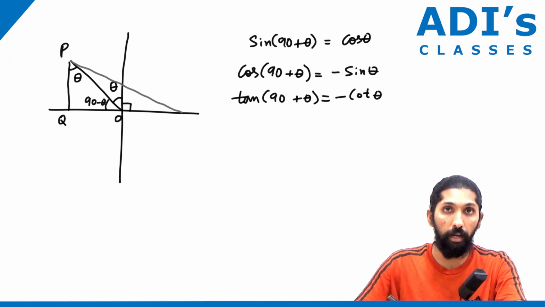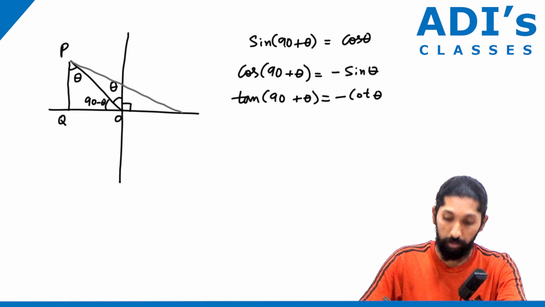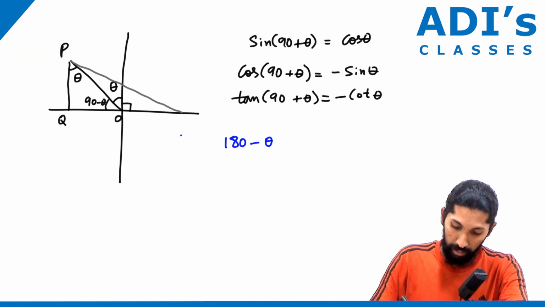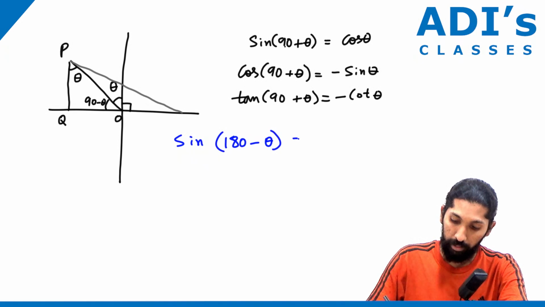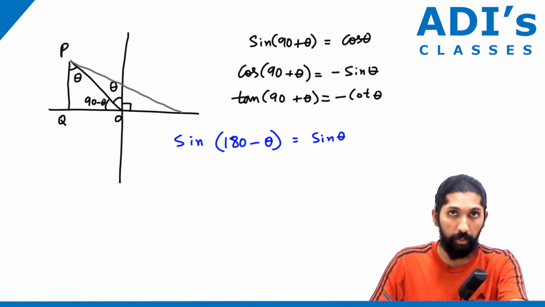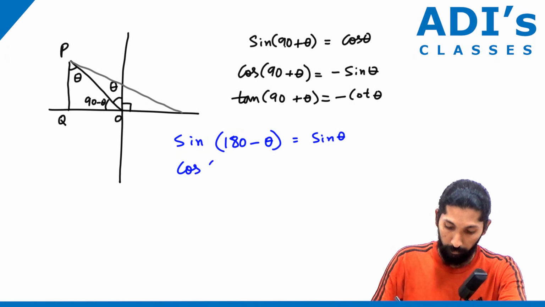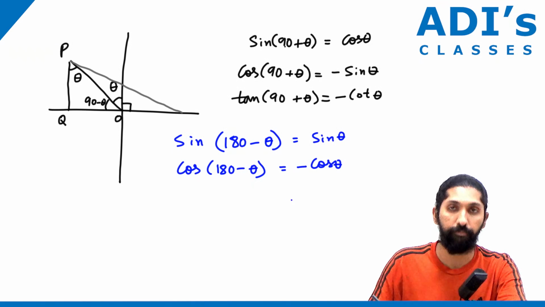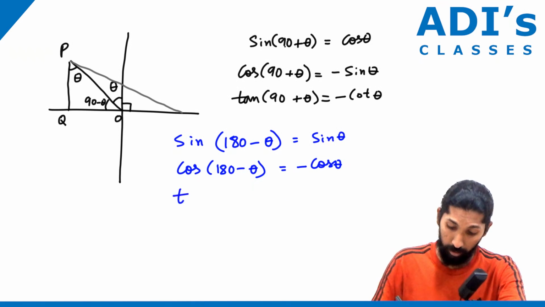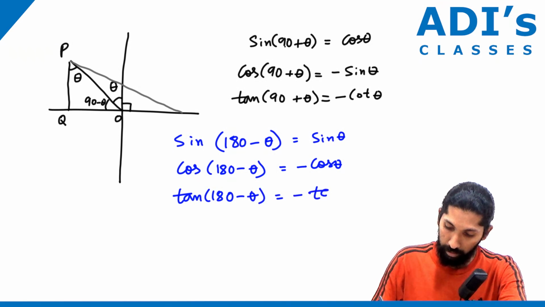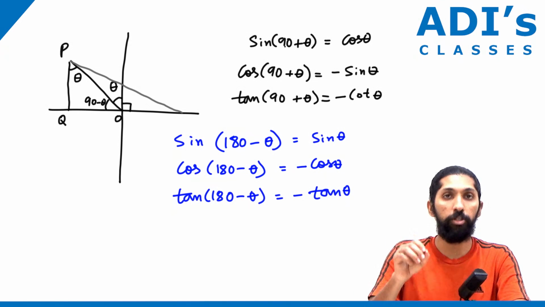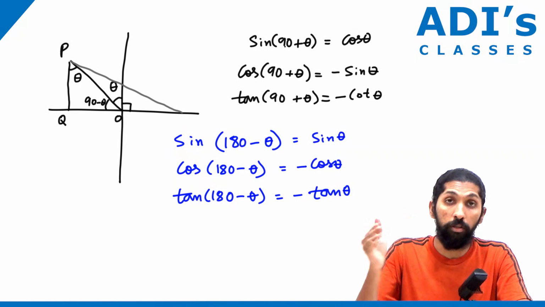One more way is 180 minus theta. So sine of 180 minus theta becomes sine theta, second quadrant, right? Next, cos of 180 minus theta becomes minus cos theta. Tan of 180 minus theta becomes minus tan theta. So like this, we have the trigonometric functions for all the quadrants.